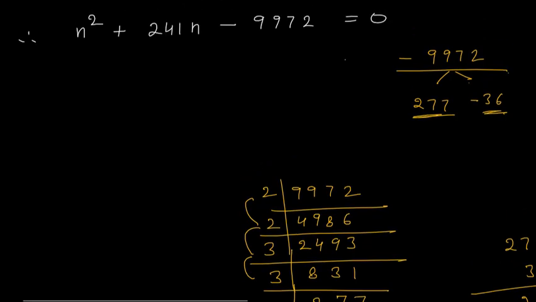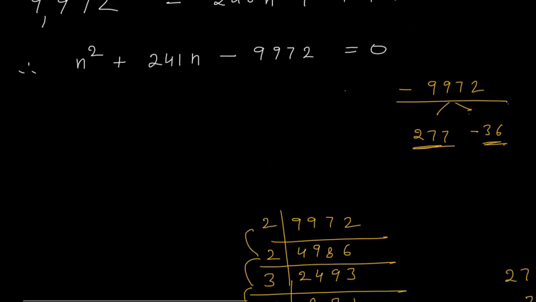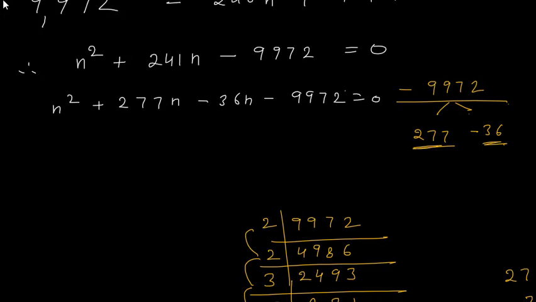So this can be written as n square plus 277n minus 36n minus 9972 equal to 0. Now in these two terms we take n common, so it is n plus 277, and here minus 36 I will take common, and it will become n plus 277, is equal to 0.